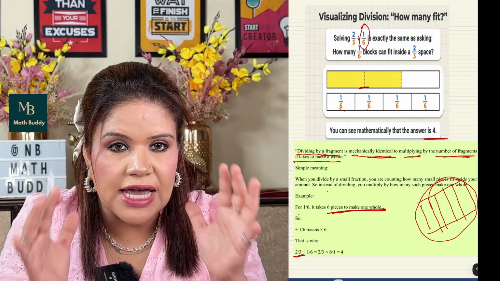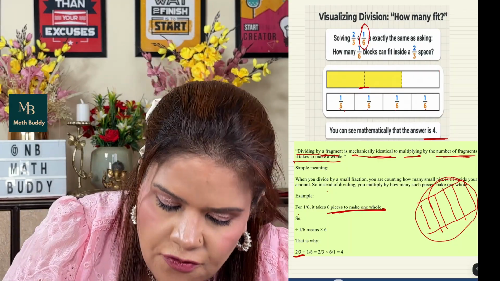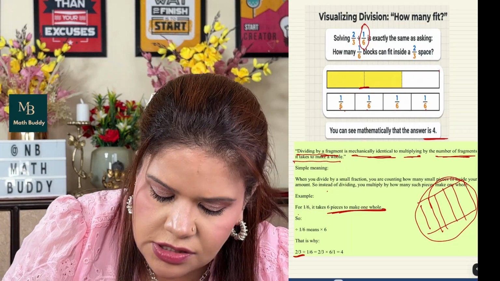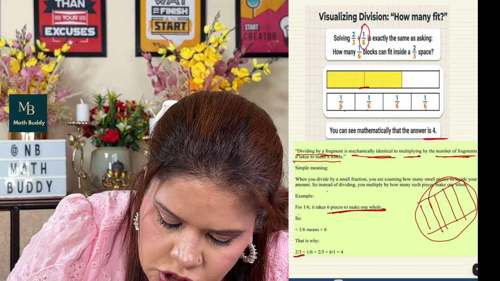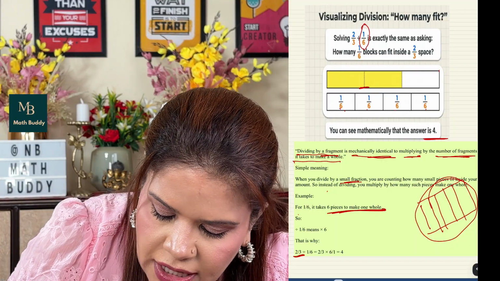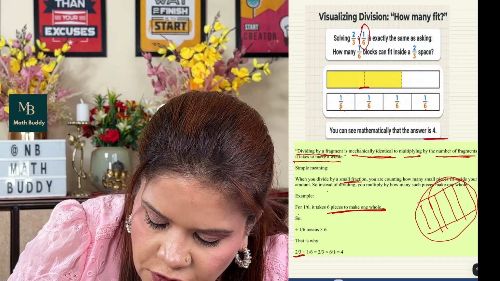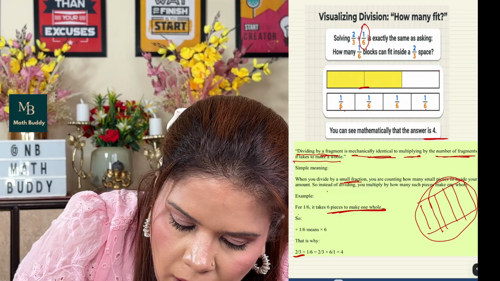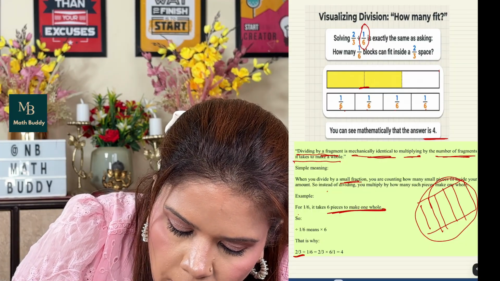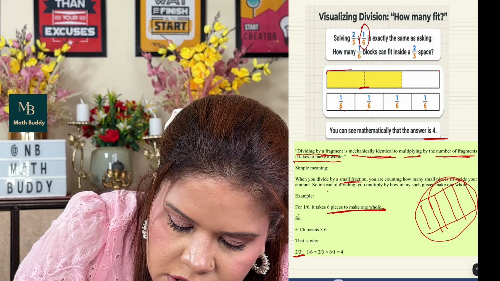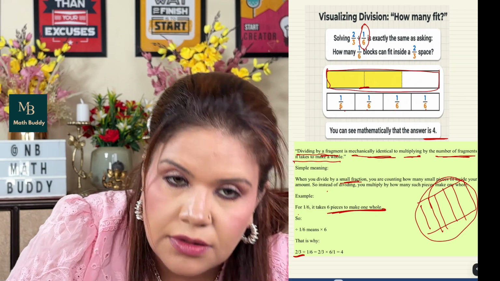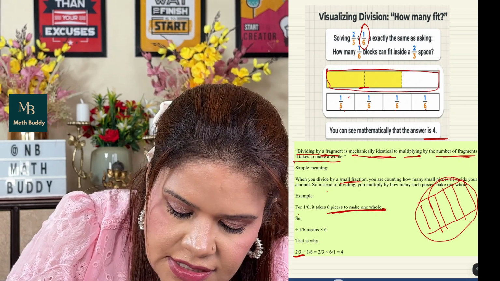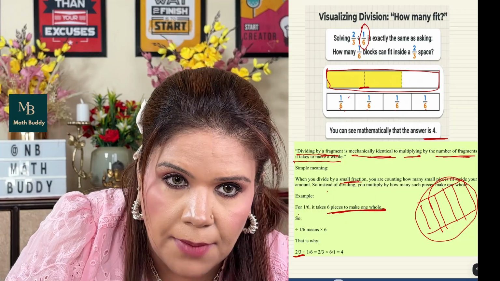The thing is the same. Whenever we divide two fractions, when you divide by a small fraction, you are counting how many pieces fit inside your amount. Now you will see how many 1/6 can come in the same size of 2 by 3. So 1 by 6 is this much, so 4 can come into it.